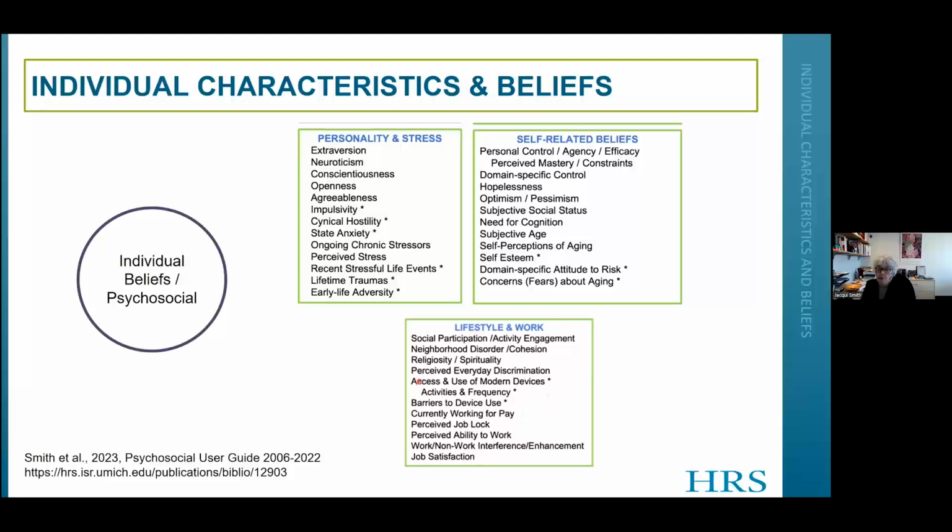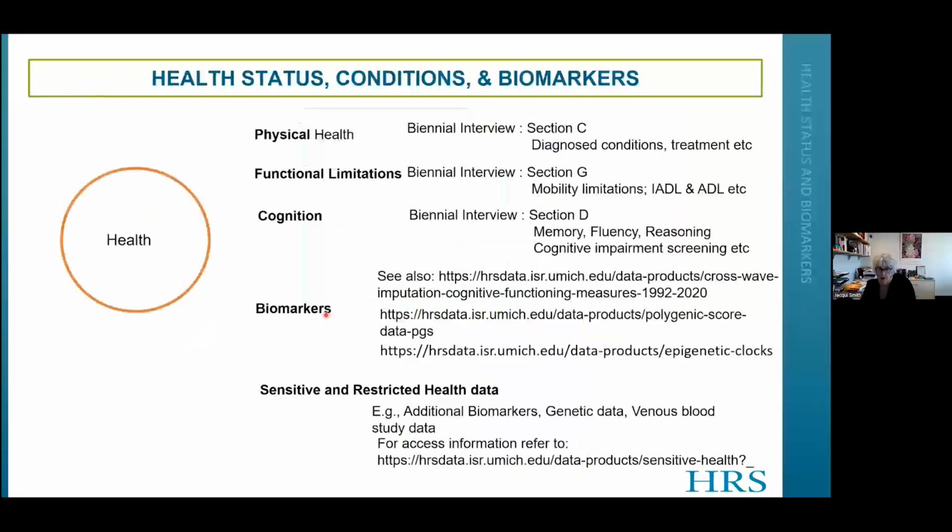We're adding much more now about the use of lots of modern devices, social media, all of these sorts of things. And also these self-perceptions about your perceived ability to work. Maybe you're unemployed and you'd like to be able to work because you think you can. And job satisfaction. And all of this is in the psychosocial user guide, very detailed descriptions of where all these measures came from and how to use them.